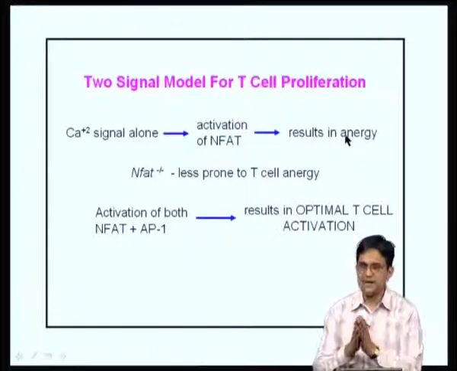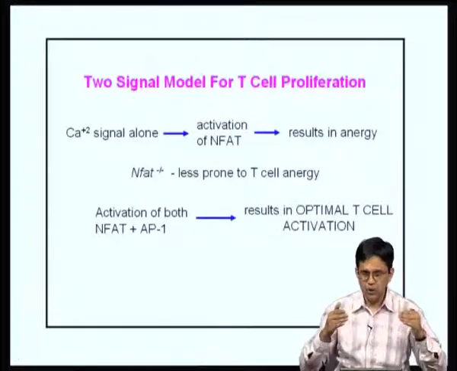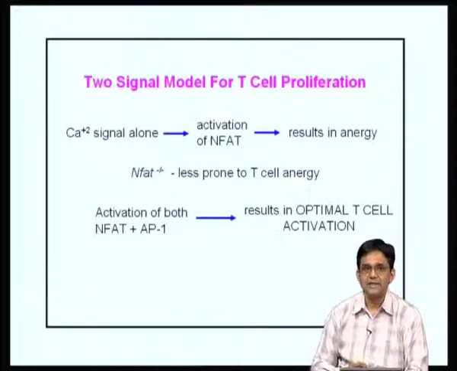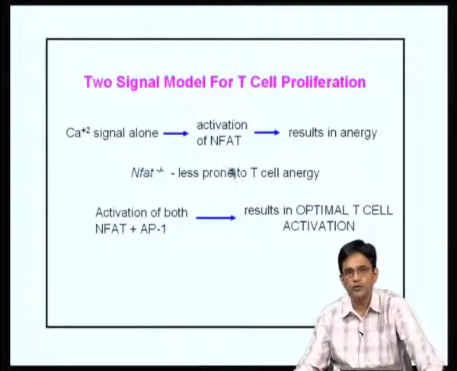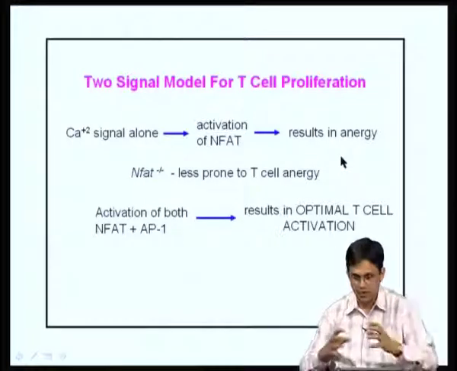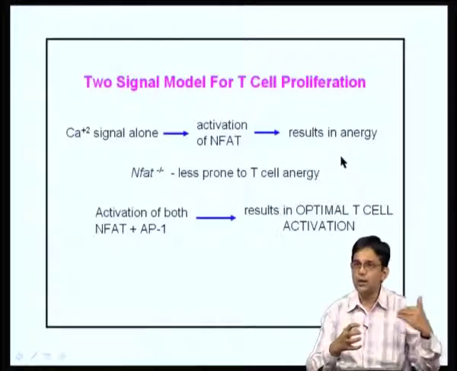This is why I said for optimal T cell activation you need different pathways coming together. If you have just one signal alone, for example a calcium signal alone, it results in anergy, because you have NF-AT but you do not have the other molecules.